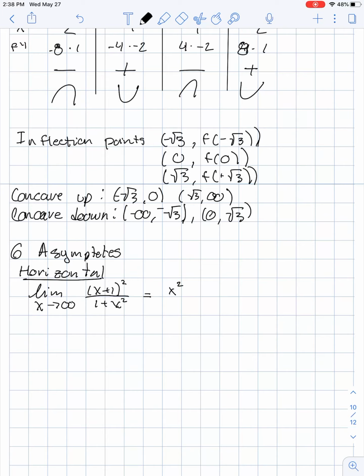And if we expand the numerator, we'll get x squared plus 2x plus 1. Kind of wish I did that earlier when I was taking the derivative. Oopsies. Don't drop your limit. Those things aren't equal without the limit sign.